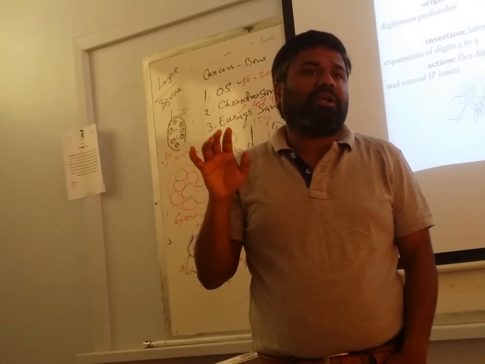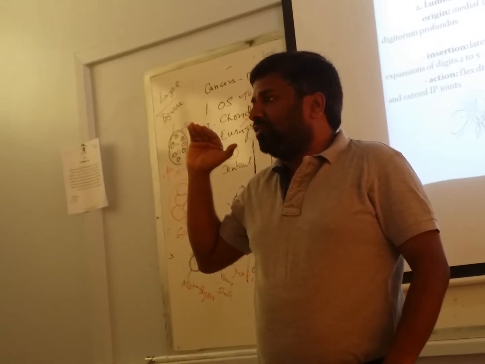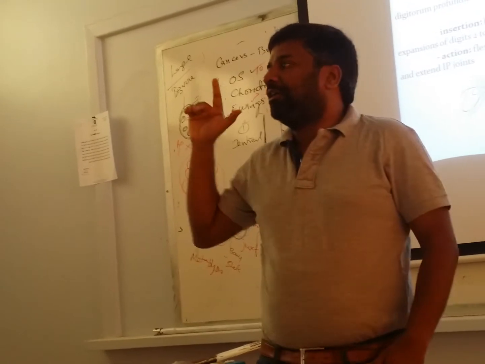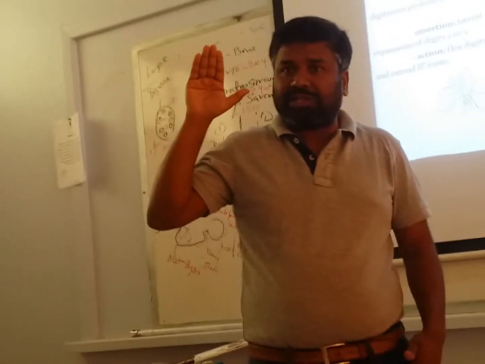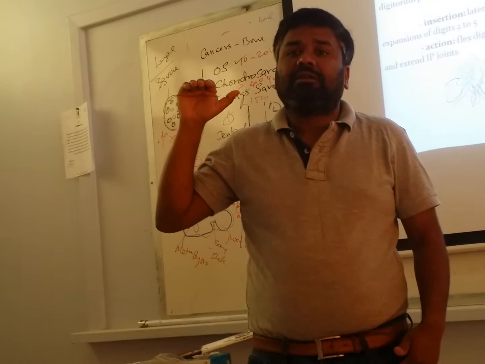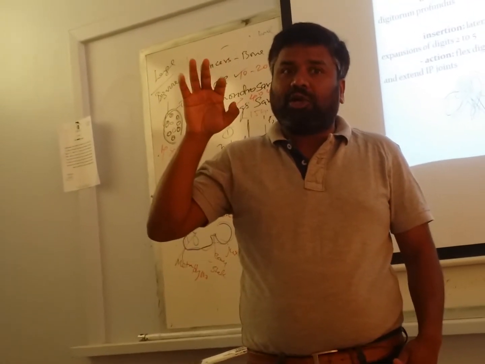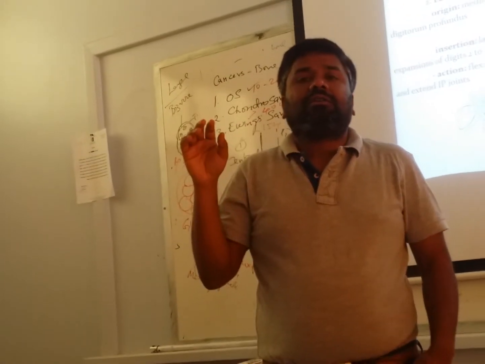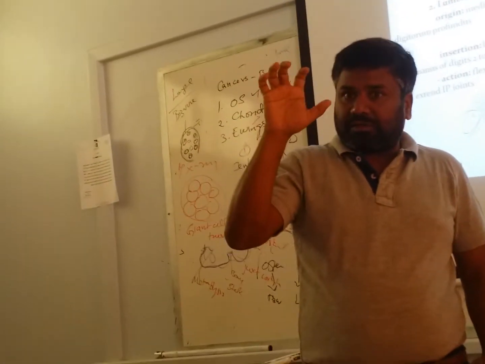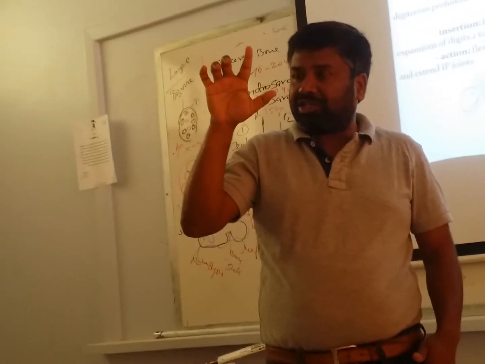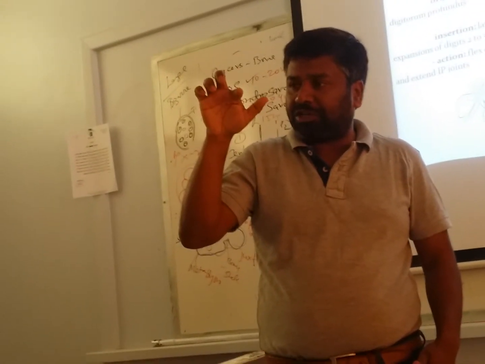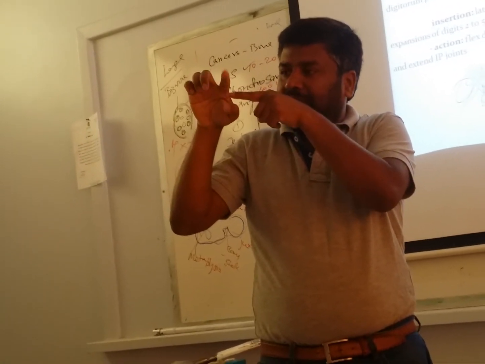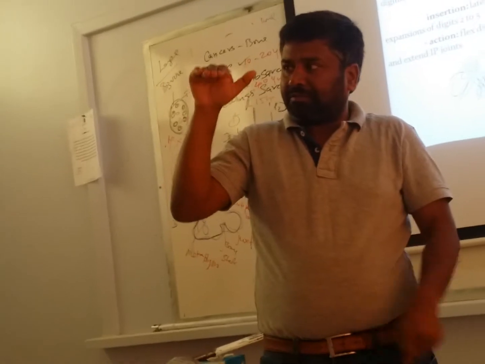What is the action of lumbricals? Flexion at the metacarpophalangeal joint, extension at the interphalangeal joint. Did you understand? So they don't cause flexion at the interphalangeal joint. That flexion is done by the digitorum superficialis and profundus tendons. I said extension. Extension at the interphalangeal, flexion at the metacarpophalangeal.